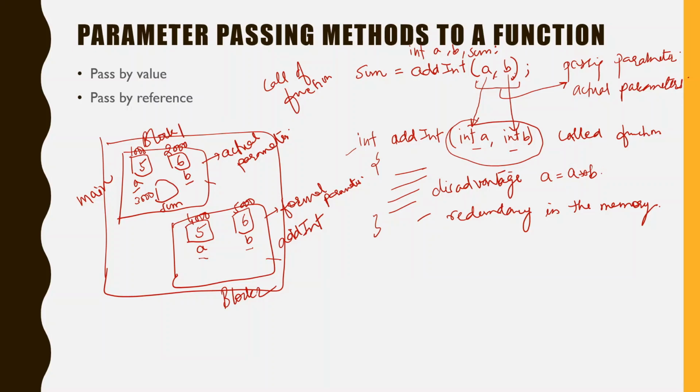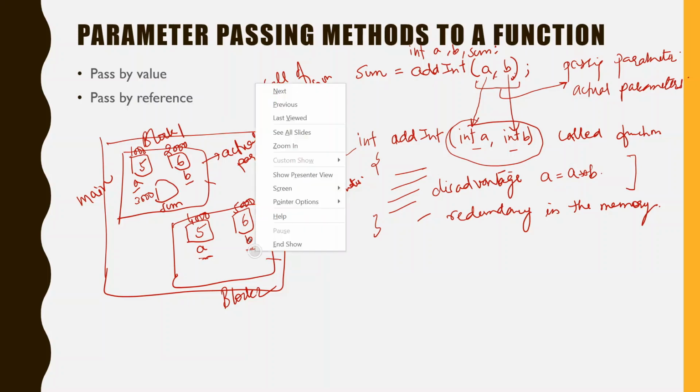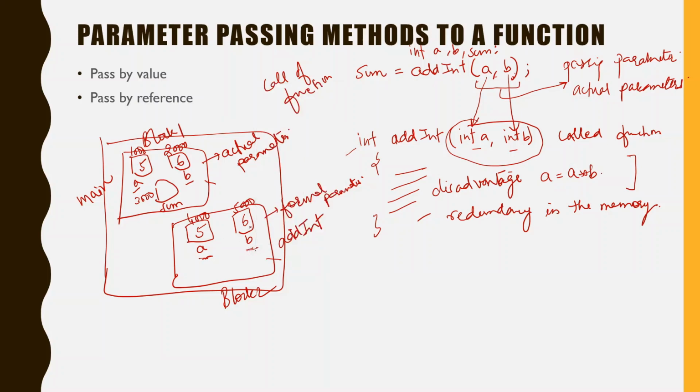This is very interesting to know: this a into b, that is this a and b, because they are in the called function, will apply to block 2, and a into b is 30. This 30 would be applied to this particular place, and this a will change to 30. But you can see that this operation has no effect on this a. Why no effect? Because this operation has been conducted inside the called function.